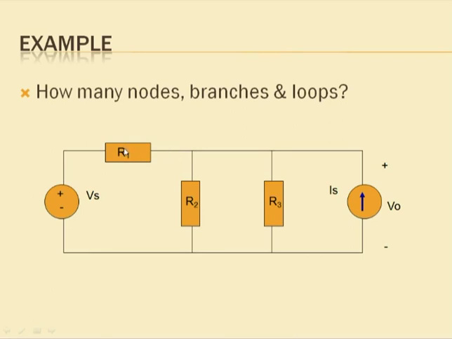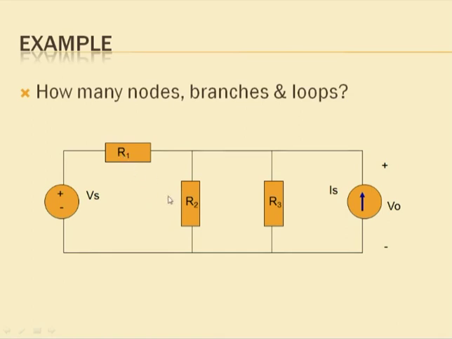The circuit consists of three passive elements: resistances R1, R2, and R3. As discussed in the previous lectures, network or circuit elements are classified as passive elements and active elements.